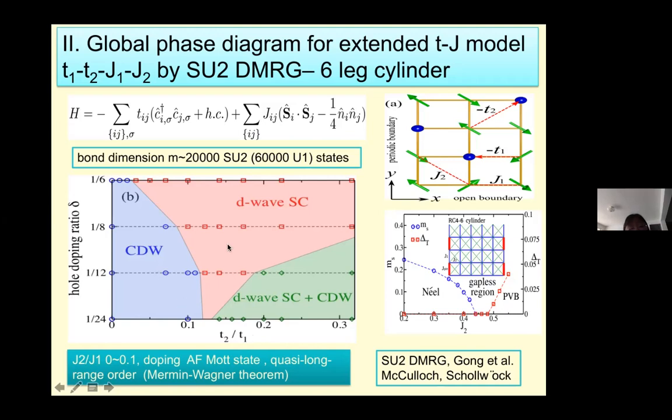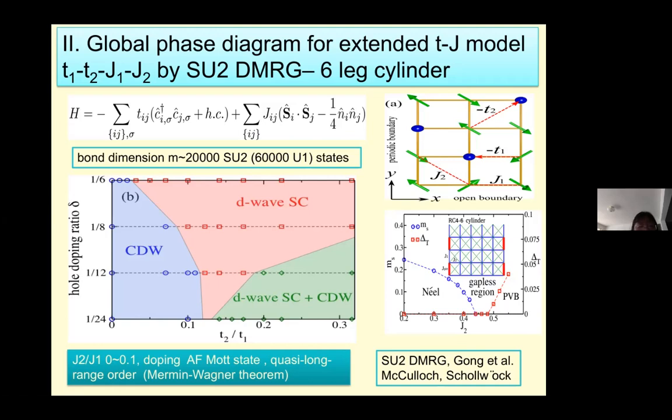The main result is that we have three different phases. In the small t2 region, inconsistent with the Many-Body collaboration results, we don't find quasi-long-range order for the superconducting phase.